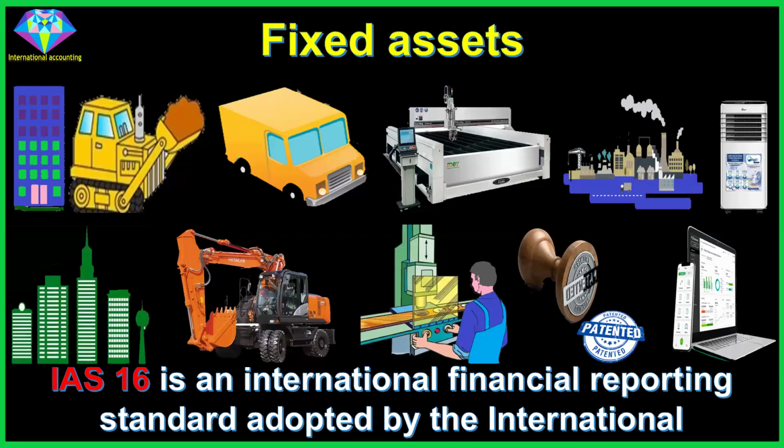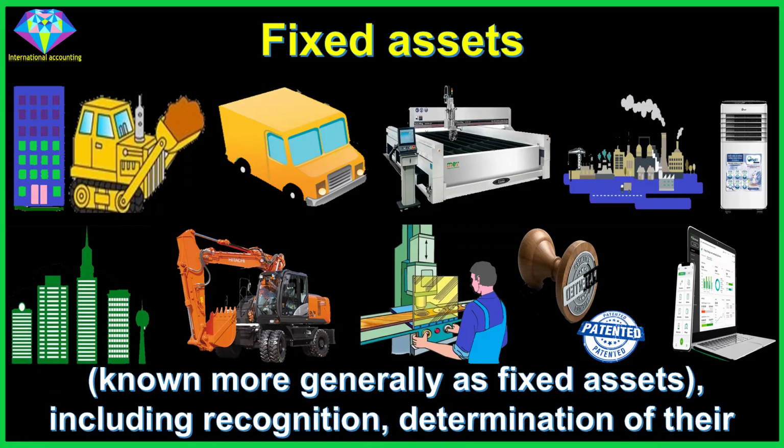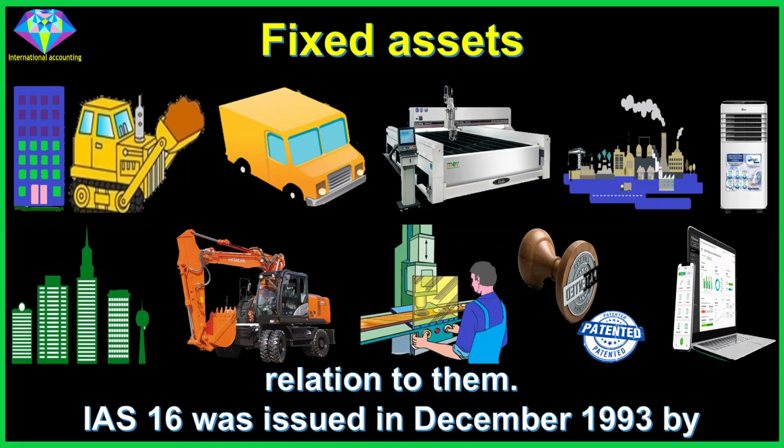IAS 16 is an international financial reporting standard adopted by the International Accounting Standards Board, IASB. It concerns accounting for property, plant and equipment, known more generally as fixed assets, including recognition, determination of their carrying amounts, and the depreciation charges and impairment losses to be recognized in relation to them.